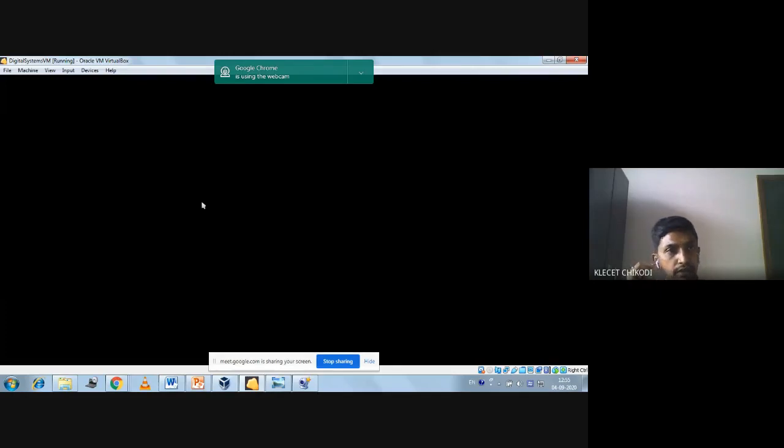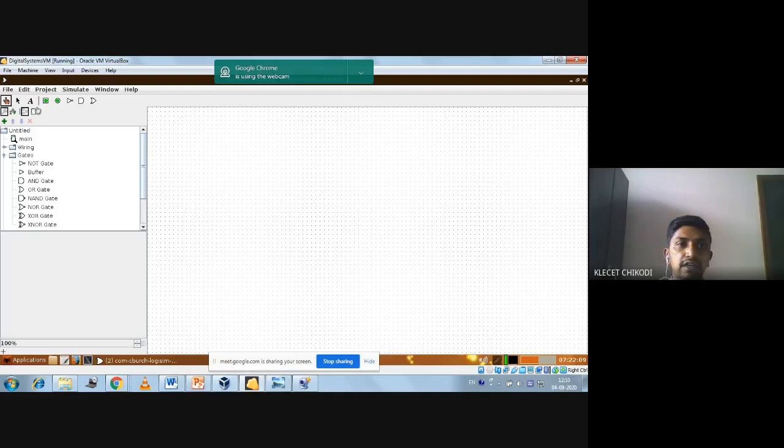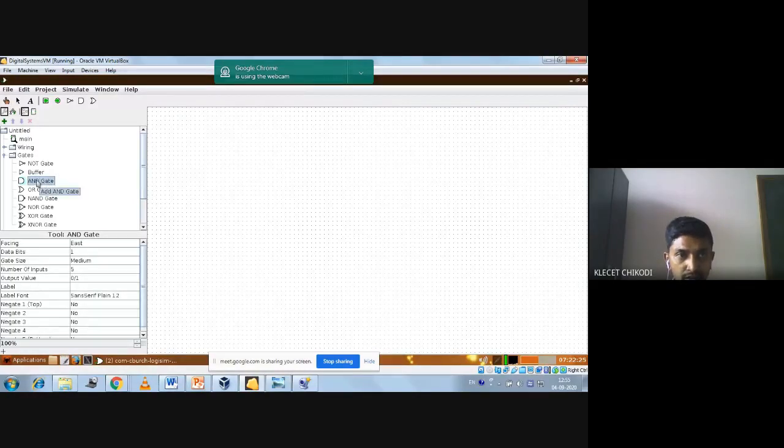Just a second, it is loading now. Now we can see here. In the logic expression, what we have written, Y is equal to A into B plus B into C into D plus E into F into G into H. So to implement A into B, I need an AND gate here. So what will I take? I will take one AND gate. Fine. Note it down, all of you, how the circuit looks.